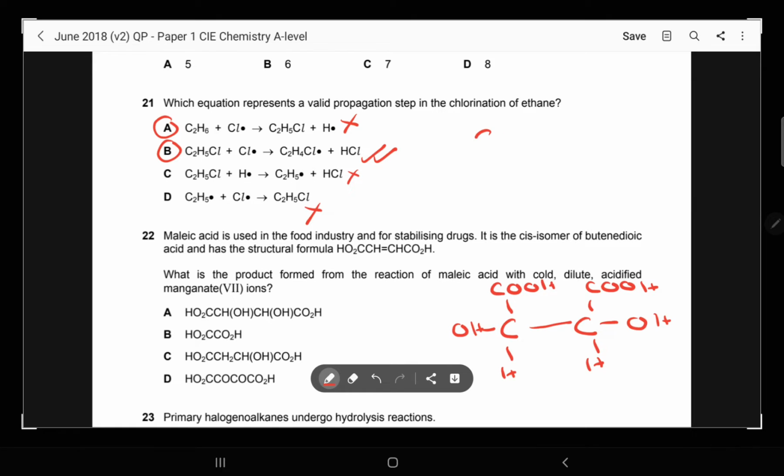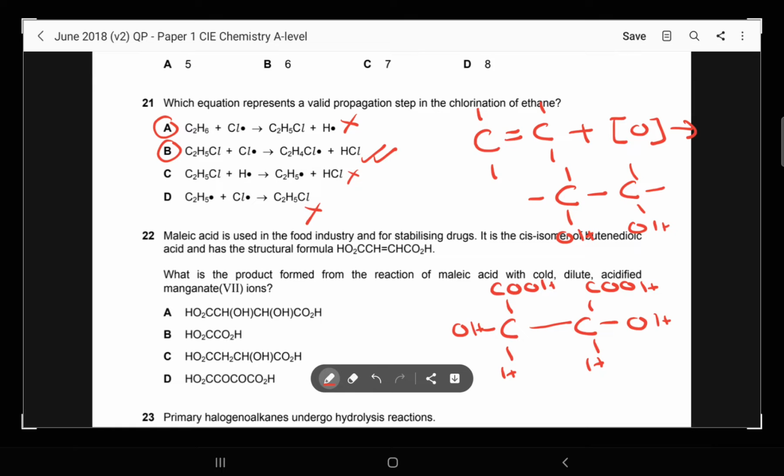This can be exemplified by seeing the reaction that happens here. C2H4 plus an O group results in the formation of this thing. So this is what happens when oxidizing agent attacks a double bond. Ethane 1,2-diol if ethene is present. So the same thing is going to happen here.